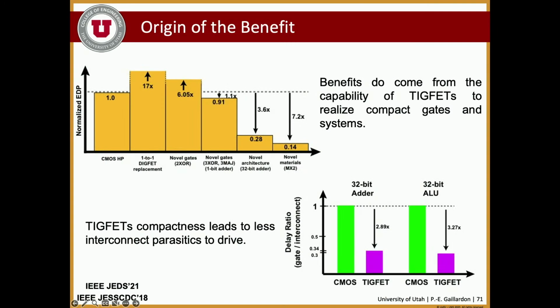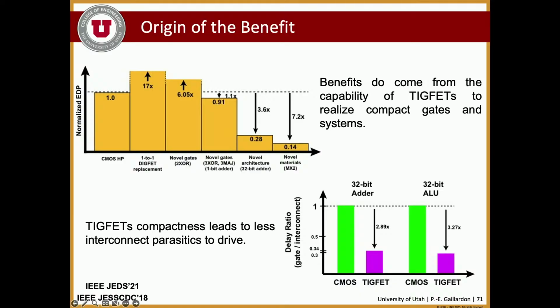And I like to show that with that slide that I think is more interesting to compare essentially the origin of benefits from using these functionally enhanced devices, and it's actually not coming from the device. So let me guide you through that. So for a given circuit implemented in CMOS devices, we'll have a normalized energy delay product.